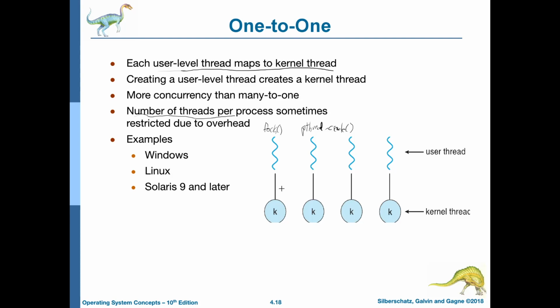But in a one-to-one situation, if we have 10,000 threads, we're going to have 10,000 kernel threads as well. 10,000 user threads can overwhelm a system, and so there need to be controls such as limitations on the number of kernel threads or number of threads that a process can generate. We see the one-to-one model in Windows, in Linux, and Solaris 9. It is, as I said, the most common threading model now.